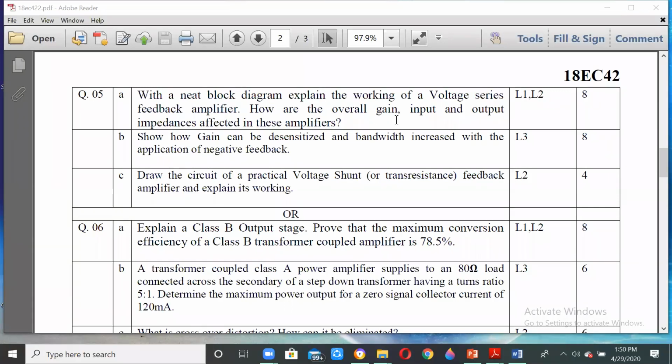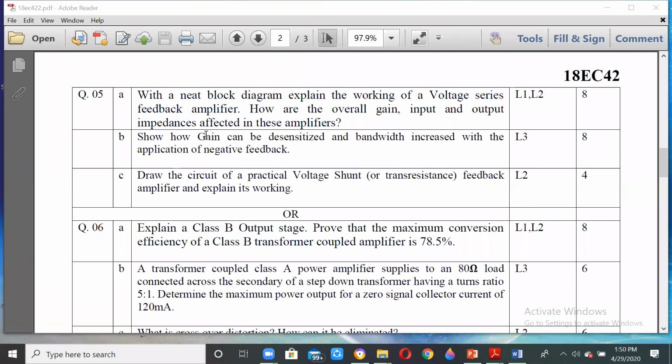Overall gain will be AF is equal to A by 1 plus A beta, and input will be increased, output will be decreased. RIF is equal to RI into 1 plus A beta. Here output will be decreased, that is the other way around.